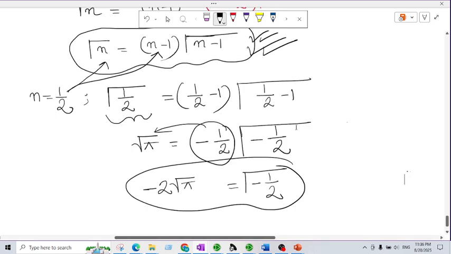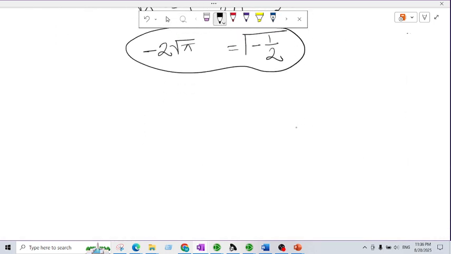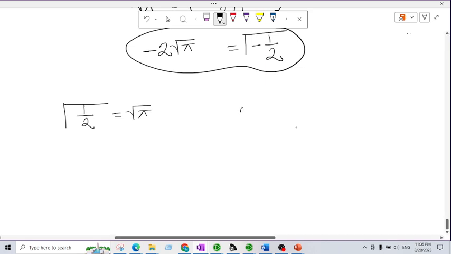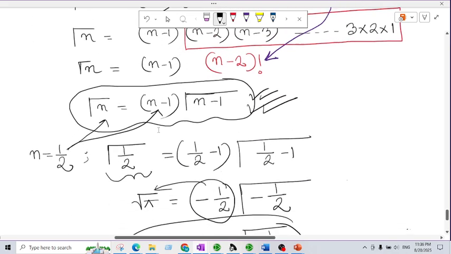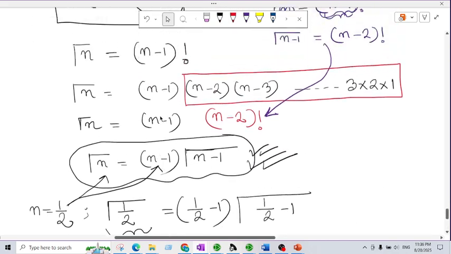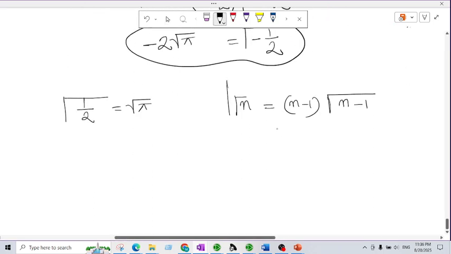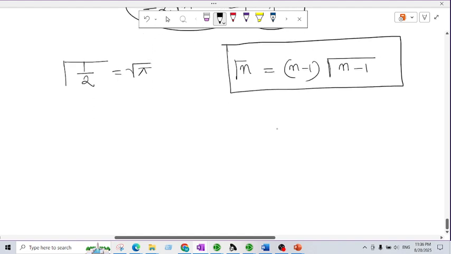Now let's do another thing. Already we have found gamma half is equal to root over pi, and we also found that gamma n is equal to n minus 1 times gamma n minus 1. Using this formula we can easily find gamma 3 by 2.